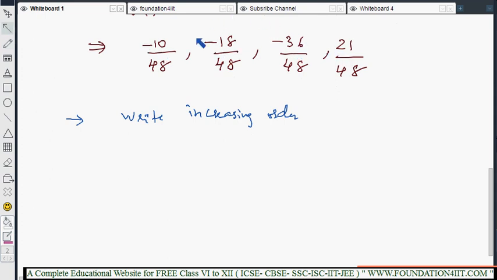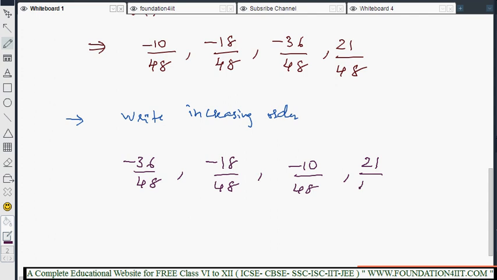So the smallest one is minus 36. Therefore increasing order: minus 36 by 48, next is minus 18 by 48, next is minus 10 by 48, and 21 by 48.